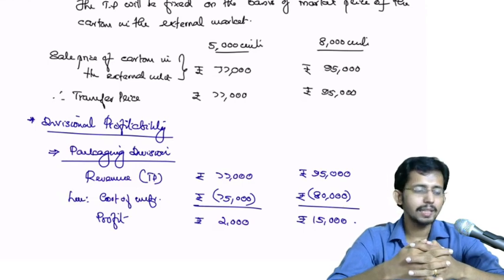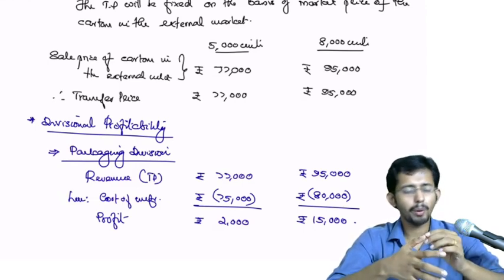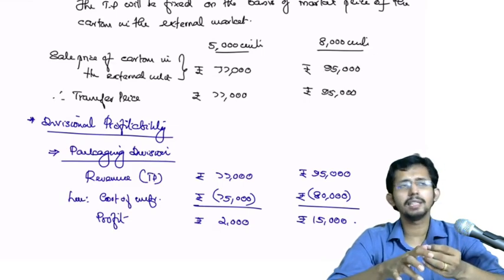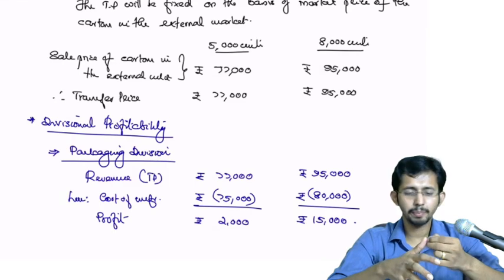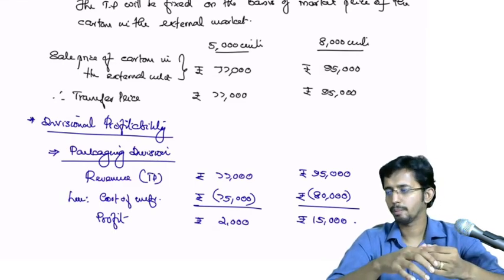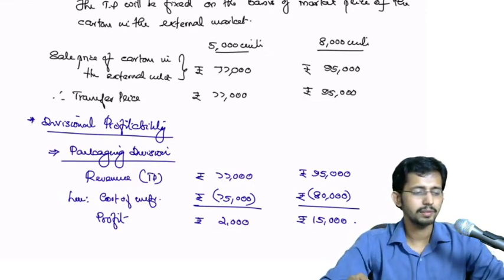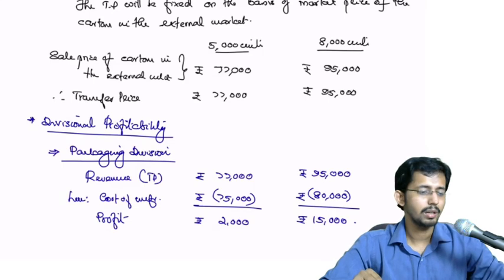On the other hand, the profitability of the production division or manufacturing division will be high when the TP is based on the shared contribution method.